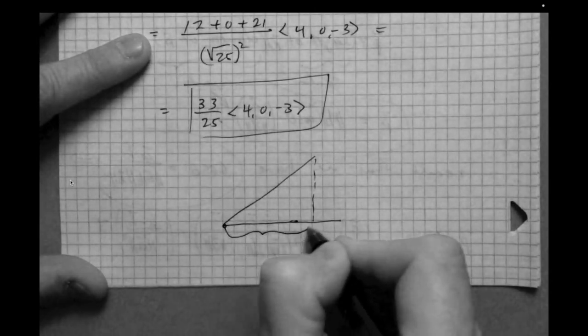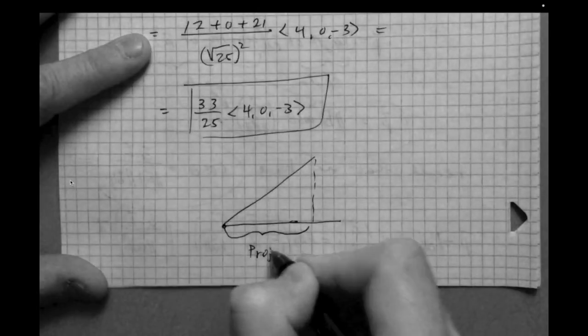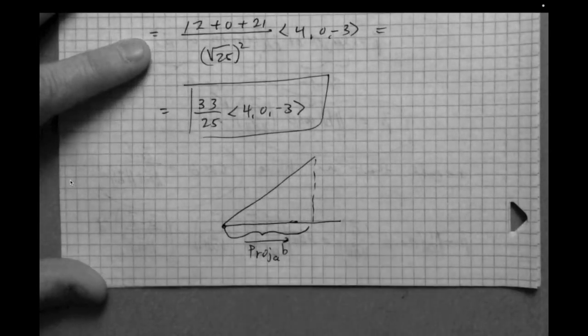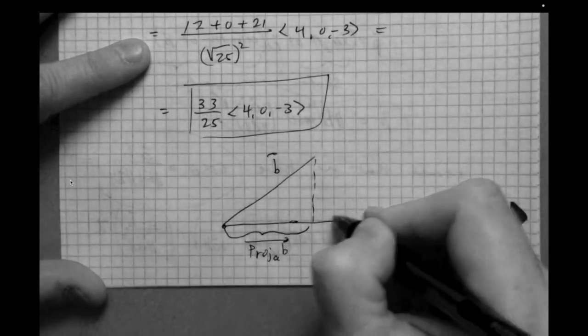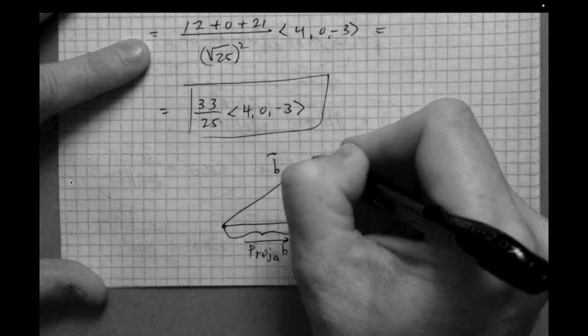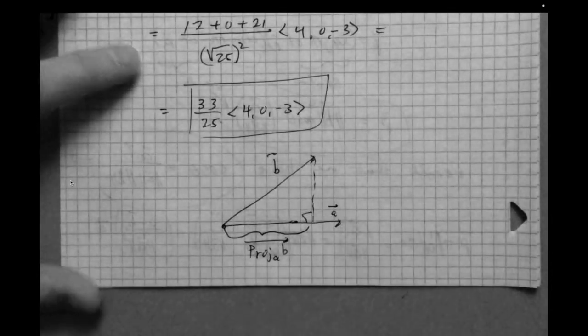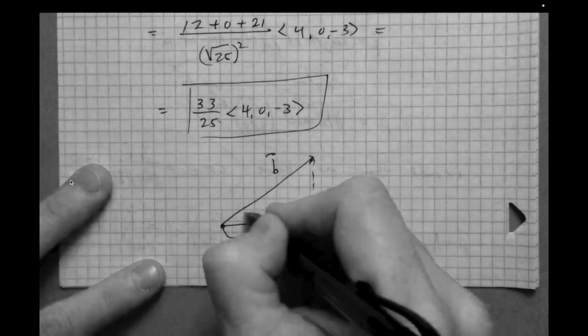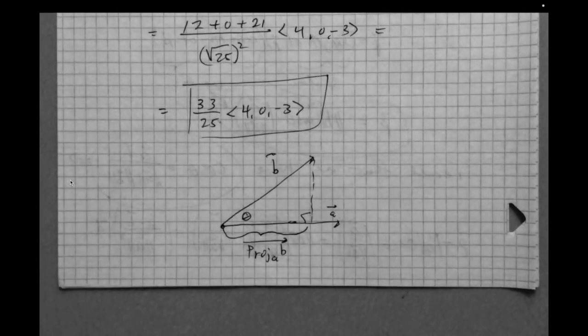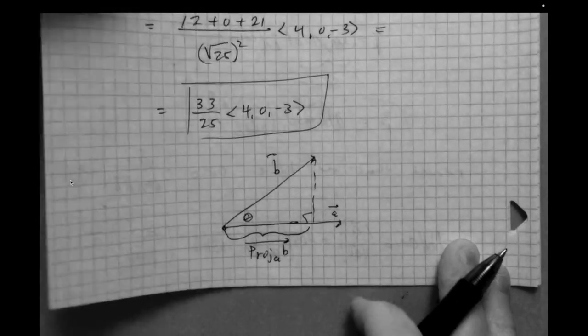That's going to be my projection. Okay, this is B. The whole vector is A. Then this is the projection. If you can just keep this picture in your mind, then you can always reference this and reason through these things. Okay, very good.